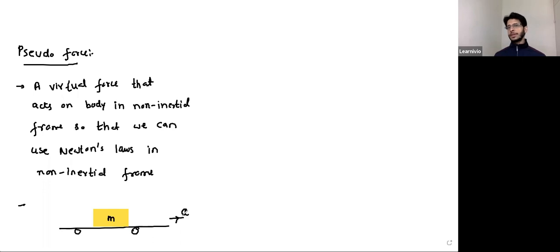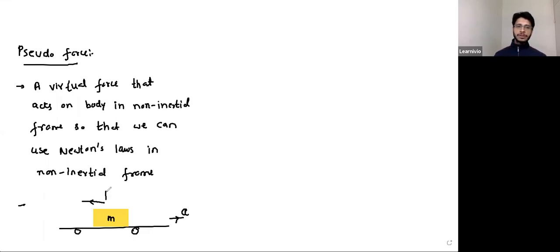Now, since this truck is accelerating, this body is placed in a non-inertial frame. So as soon as this truck accelerates in the forward direction, this body keeps on moving in the backward direction.